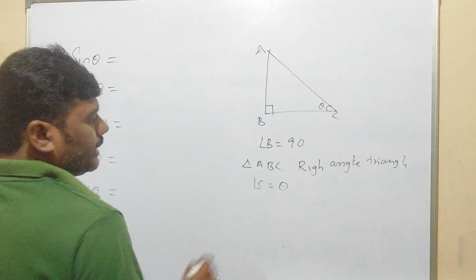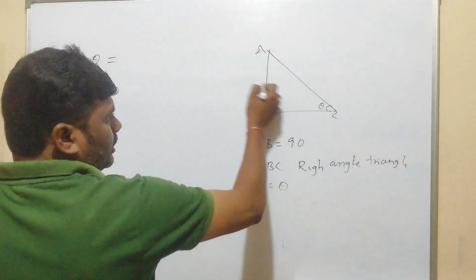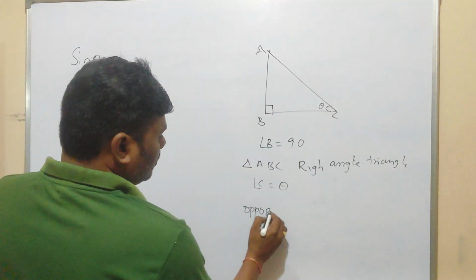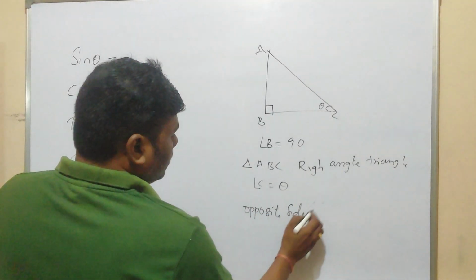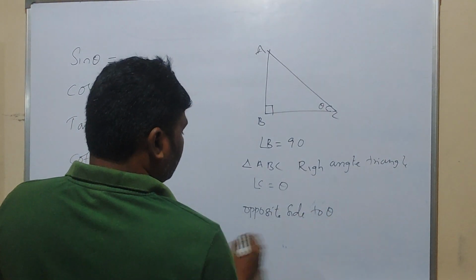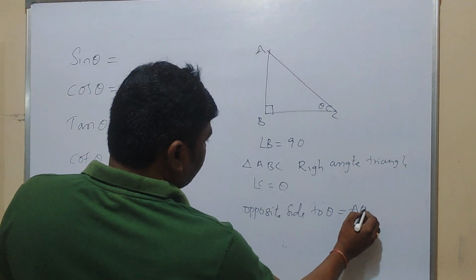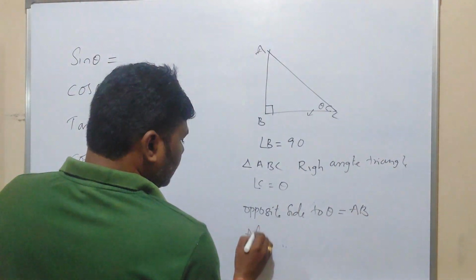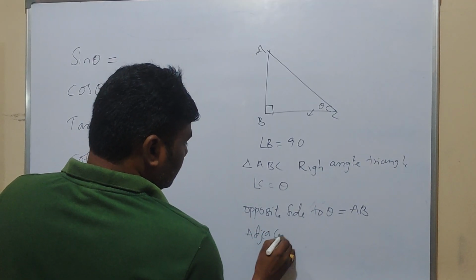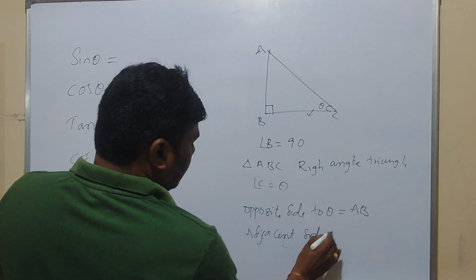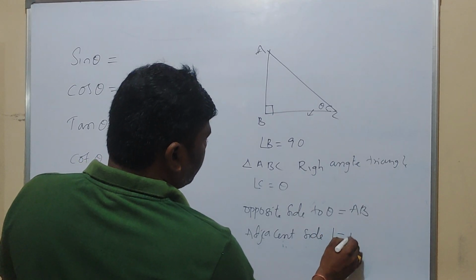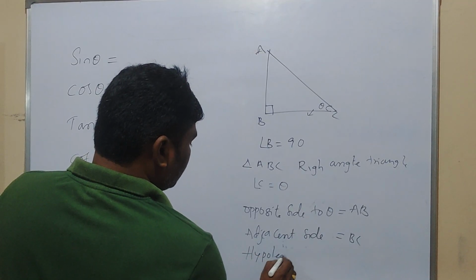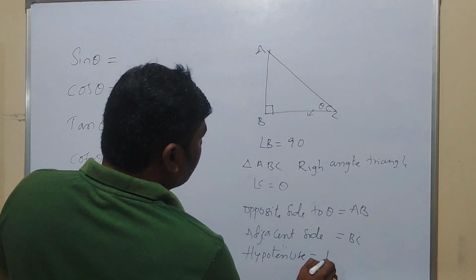So with respect to angle theta, the opposite side is AB, the adjacent side is BC, and the hypotenuse is AC.